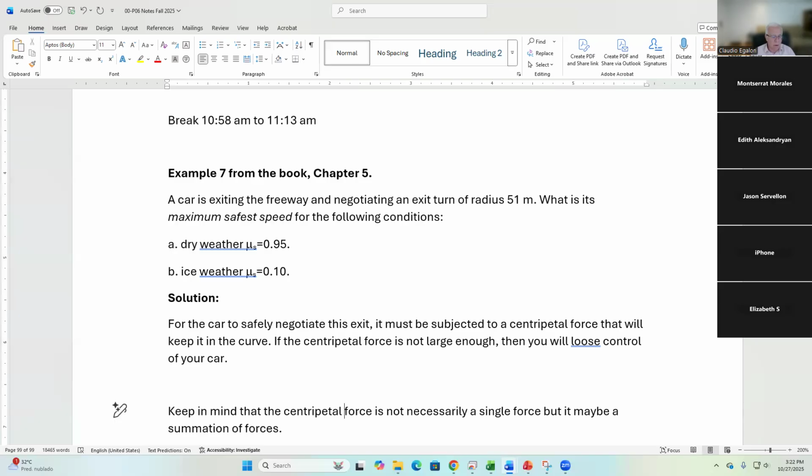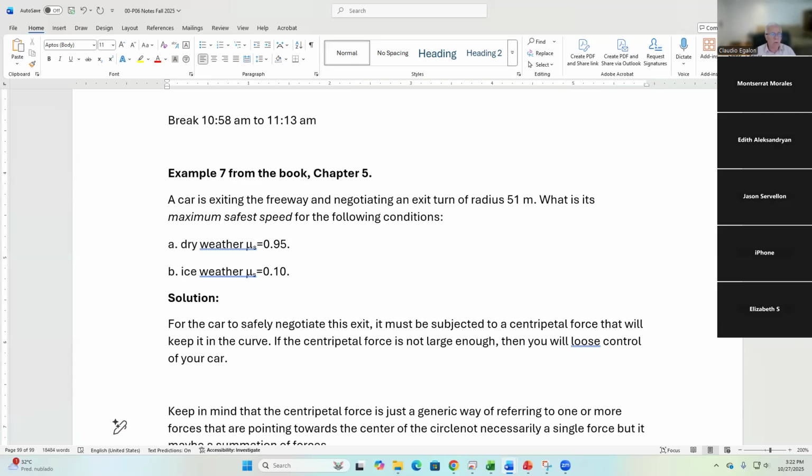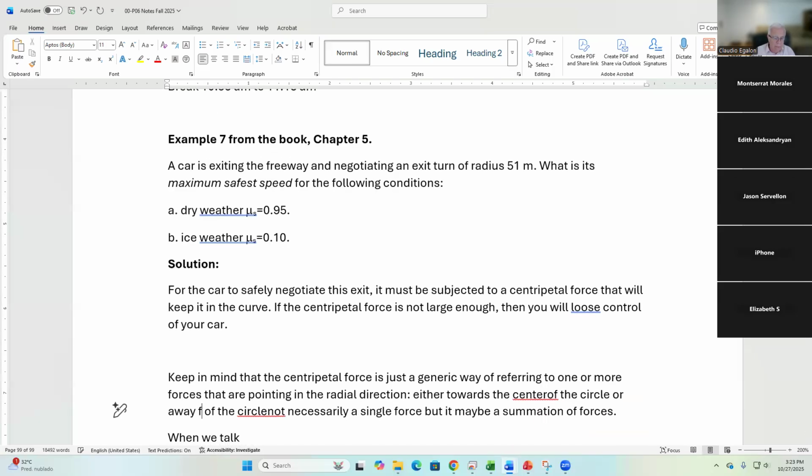Keep in mind the centripetal force is just a generic way of referring to one or more forces that are pointing towards the center of the circle, that are pointing in the radial direction, either towards the center of the circle or away from it.